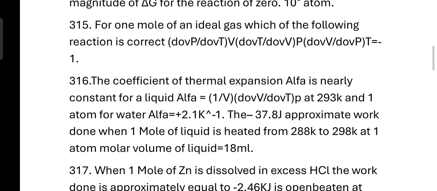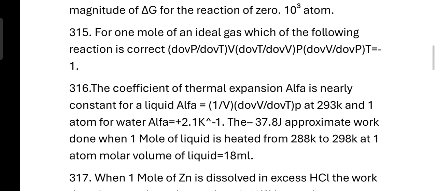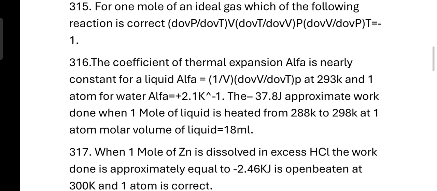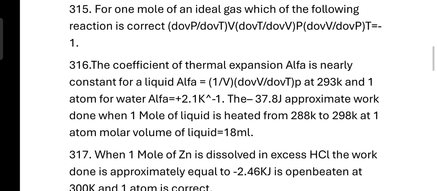For 1 mole of an ideal gas, which of the following relations is correct? Dou P by dou T. Dou T by dou V. P dou V by dou P at constant T is equal to 1.